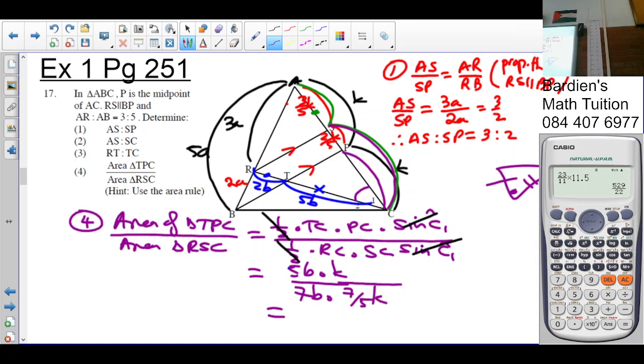So what happens now? K's cancel, B's cancel. Okay, so I'm getting 25 over 49. We check. It's 5 over 7 times 7 over 5. It's 25 over 14. Will you guys understand?